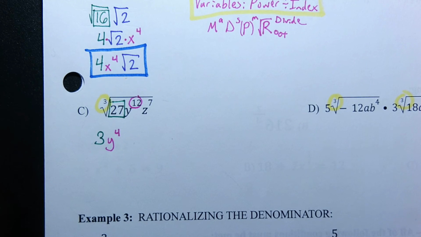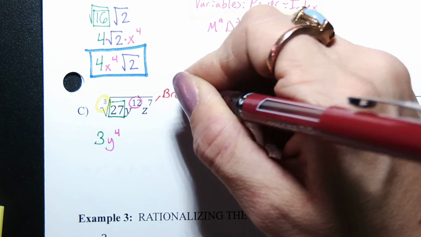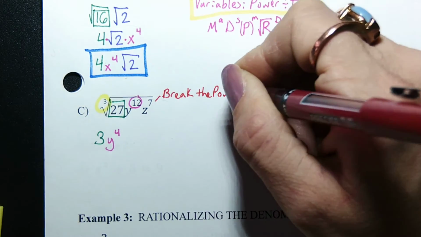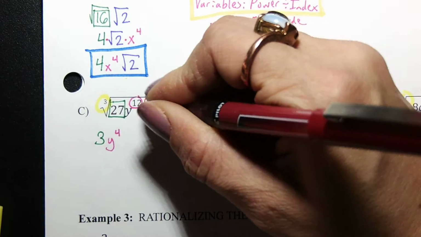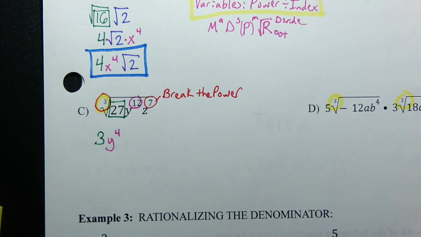For something like this, we are going to break the power. Similar to how we broke up our numbers into a perfect square and a non-perfect square factor, we want to break this up into something that is divisible by that index of 3 and whatever is left over.